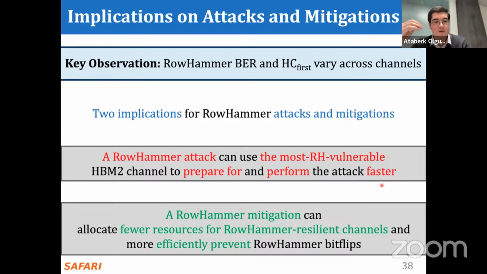And basically, the defense can implement fewer of these counters for channels that it thinks are more RowHammer resilient, and it can instead implement those counters for channels that are less resilient to RowHammer. So this can improve the efficiency of RowHammer mitigation mechanisms.